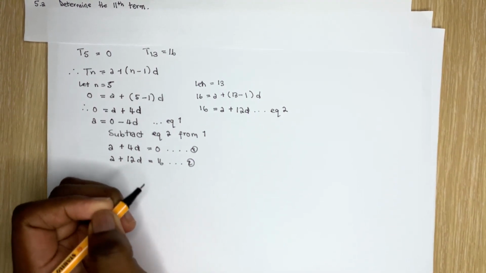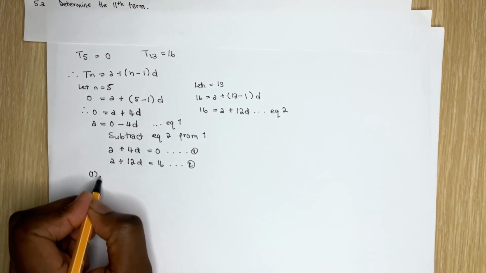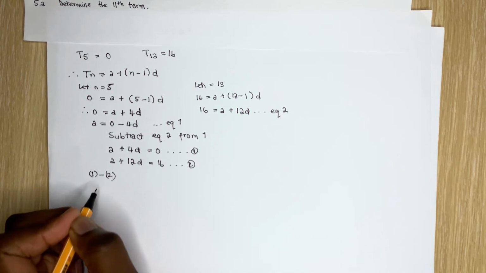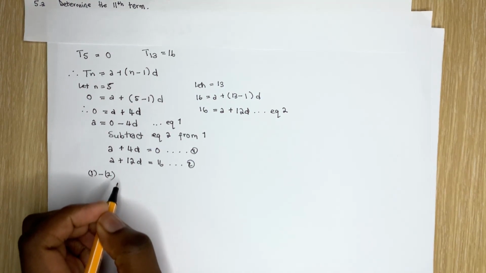Okay, so we are subtracting 1 from 2, and the whole idea is to try to eliminate one variable.